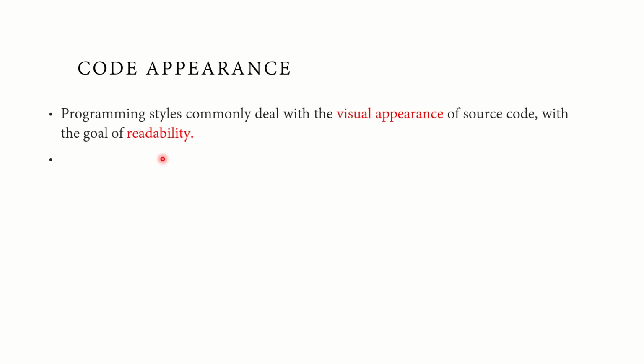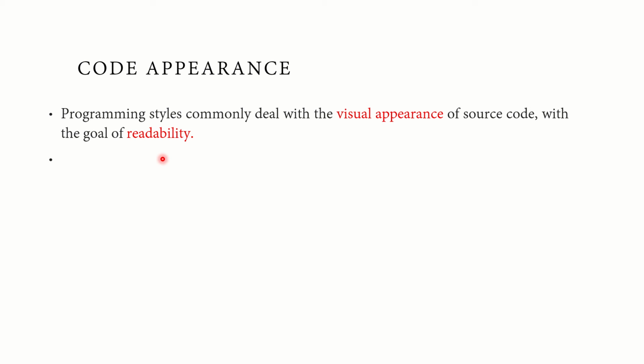Here we are going to specify some of the coding styles. So first one is the code appearance. Here we are concentrating on the visual appearance of a program. If you write source code, which means a program, in a neat manner, and the visual appearance has a good impact, it helps to understand the code very easily.